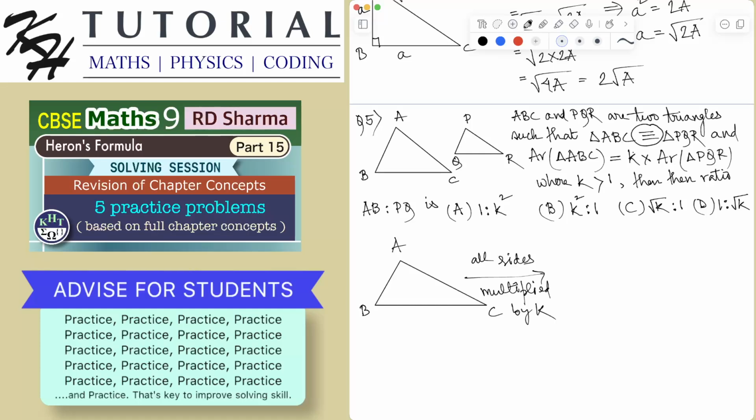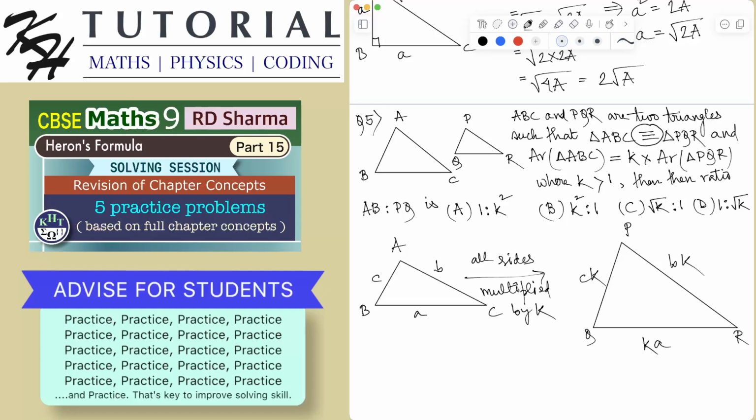So let's say the length of the sides of the original triangle is a, b and c. So let's say the new triangle formed is PQR. Obviously the length of QR will be k times small a, the length of PR will be b times k, and the length of PQ will be c times k.